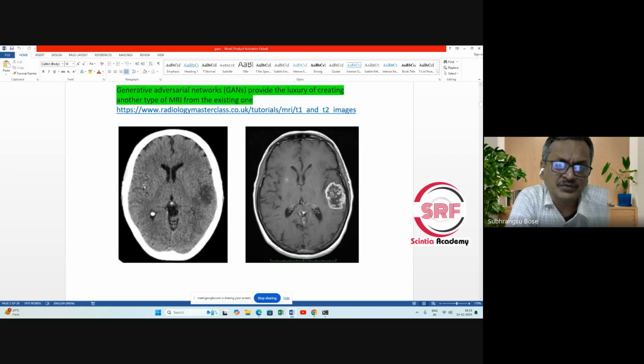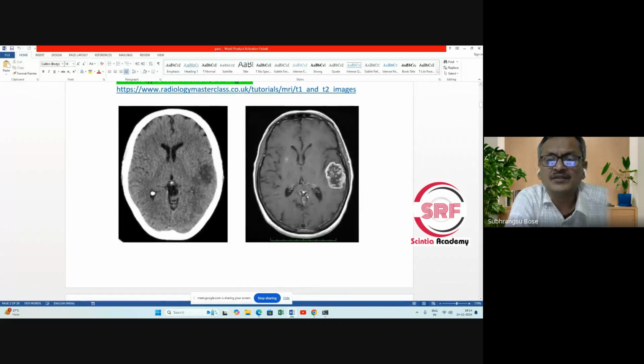But through this picture, we can create T2, this right side picture. See the right side picture T2, there are some tumor cells. This is the utility of GANs. And then we can predict the patient's health.